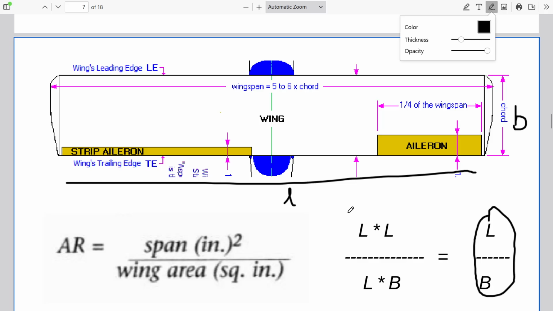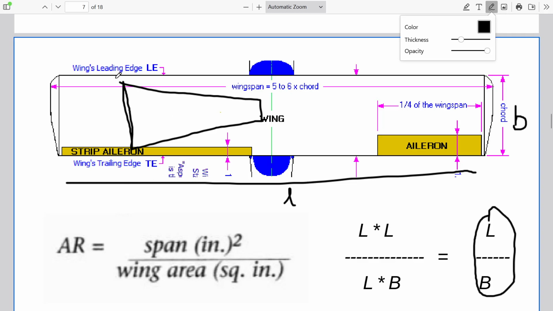But why don't we directly use L by B, and why do we use span squared upon wing area? That's because there are different kinds of wings, and it's not just rectangular. Let's say I take an example like this. It's a tapered wing. You see that the width is changing. The width is more here and it's lesser here.